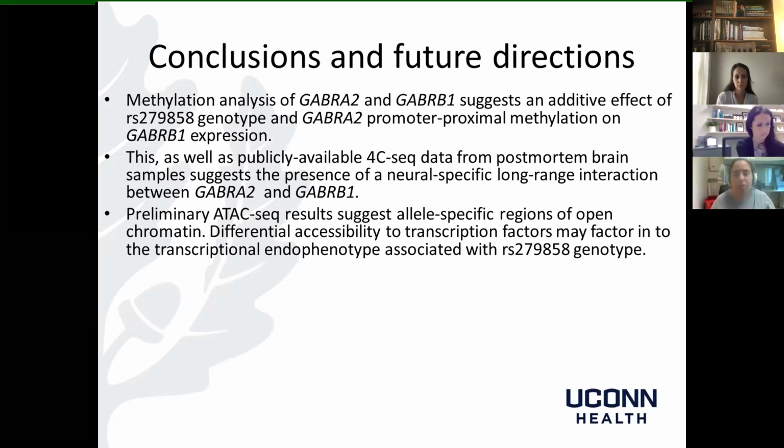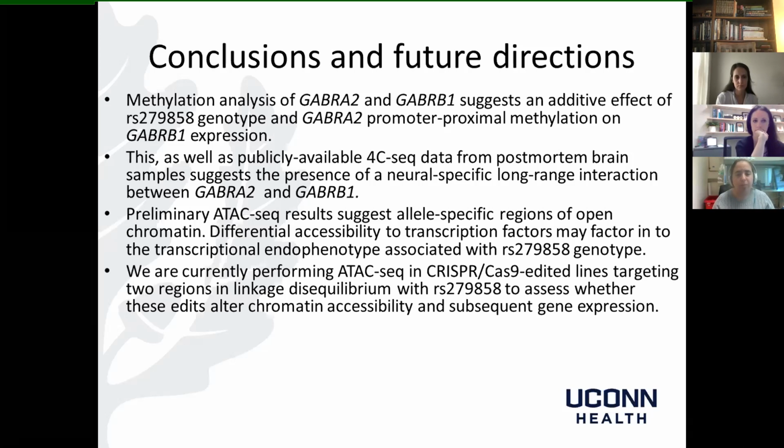And differential accessibility to various transcription factors could be partially responsible for the transcriptional endophenotype that we observe that's associated with the RS279858 genotype. And as I said, we're performing ATAC-seq in the edited lines, targeting 2 different regions, one of which I showed you, and the other, again, which is mentioned in the abstract, and I cut out for time reasons, that are both in LD with RS279858 to assess whether editing these regions affects chromatin accessibility in neural cultures and subsequently affects gene expression of the chromosome 4p12 genes.